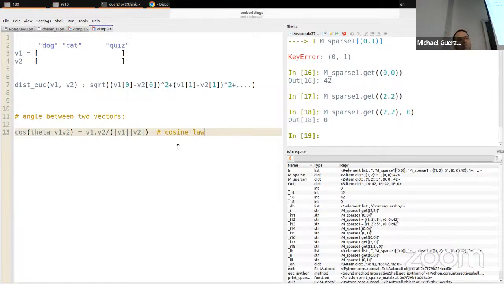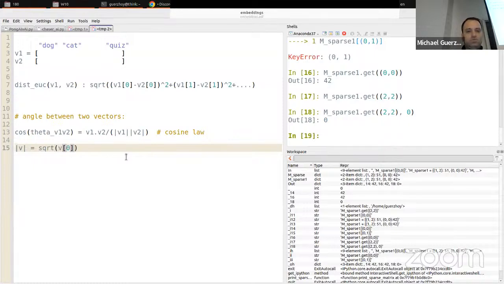So the cosine of the angle between V1 and V2 is like this, where this is the dot product, and this is the product of the norms. So the norm is this.